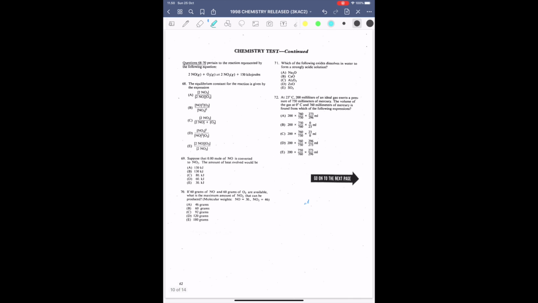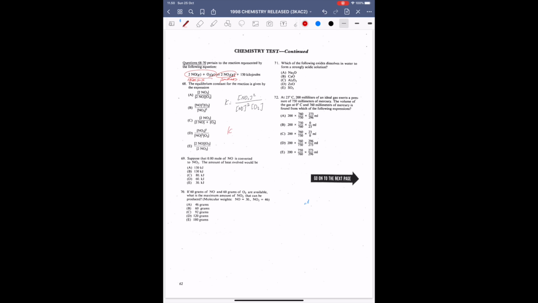68. The equilibrium constant for the reaction is given by the expression. The equilibrium constant, or K, should be the products, with each coefficient as a power, over the reactants. These are the reactants and these are the products, including O2.